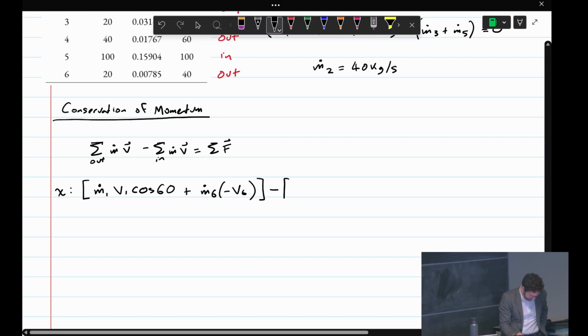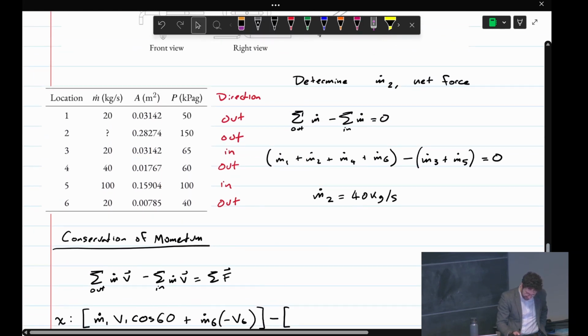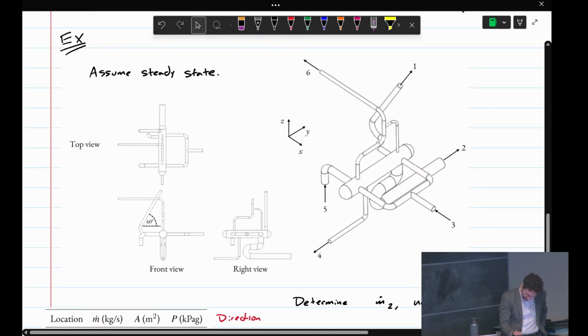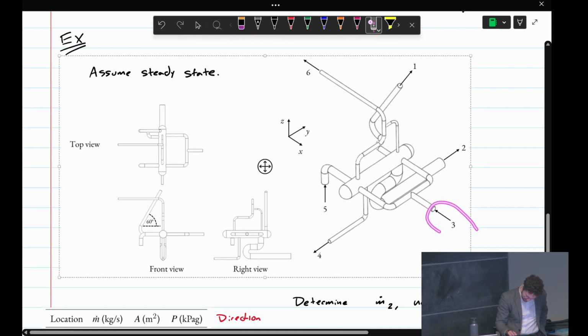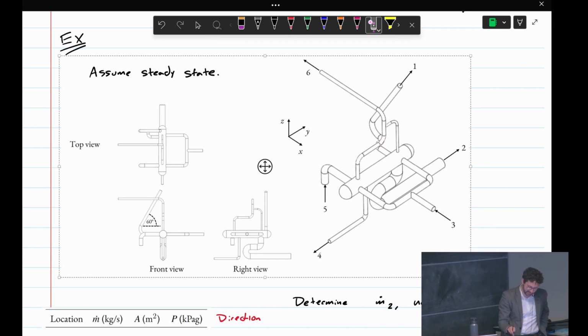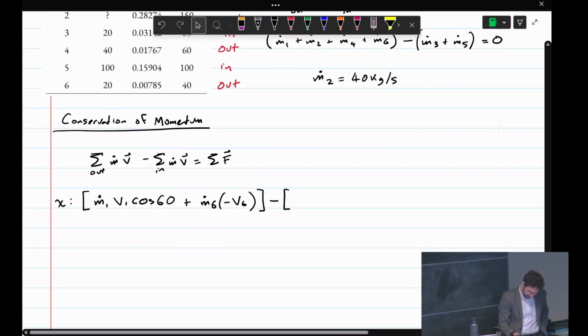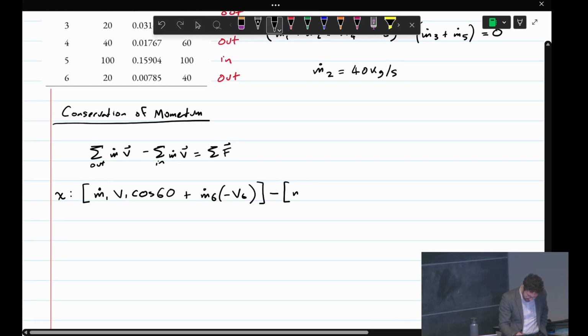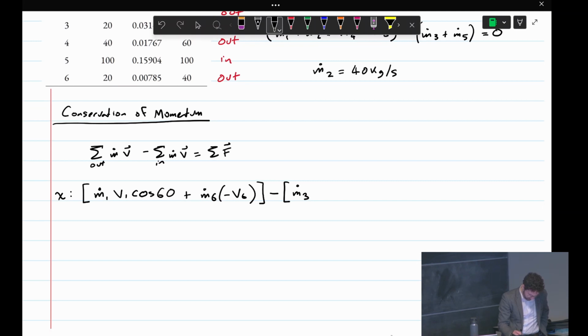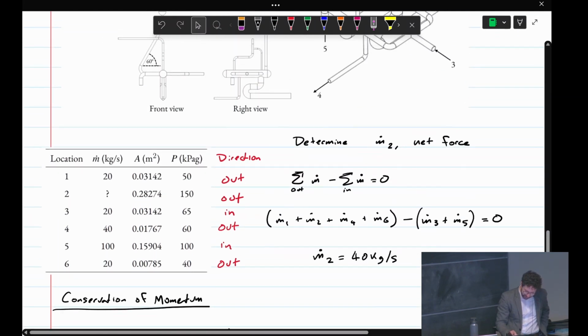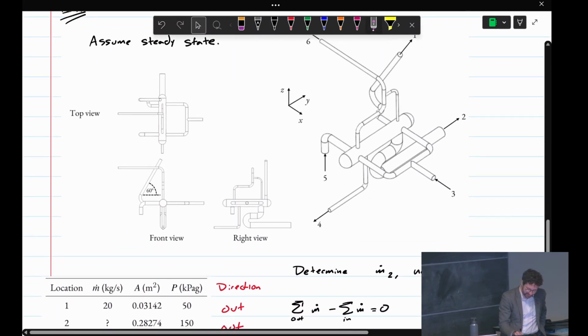Now we have minus the next summation. So the inlets in the x direction, we have 3, and there's no other inlets in the x direction. These are both outlets. So minus m dot 3. What about the sign of v3 here?